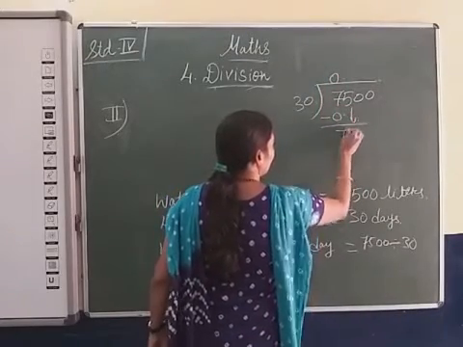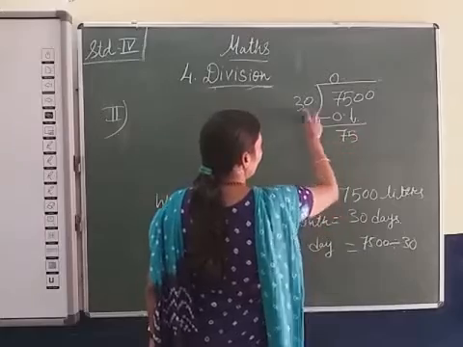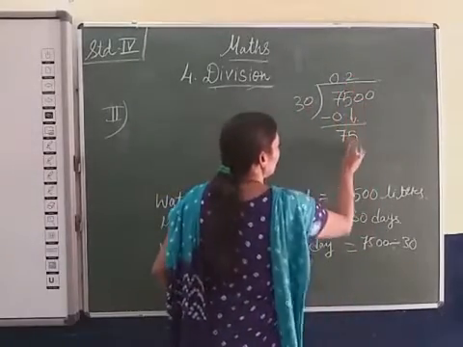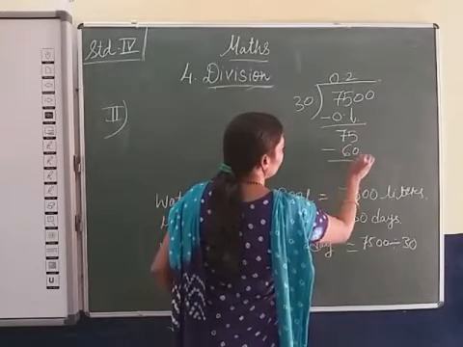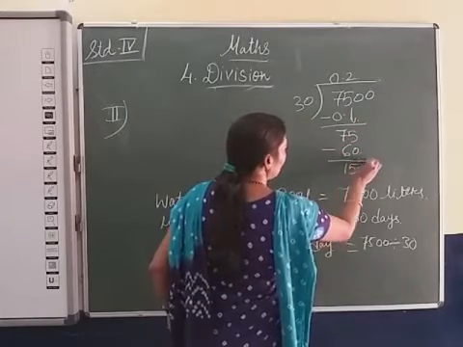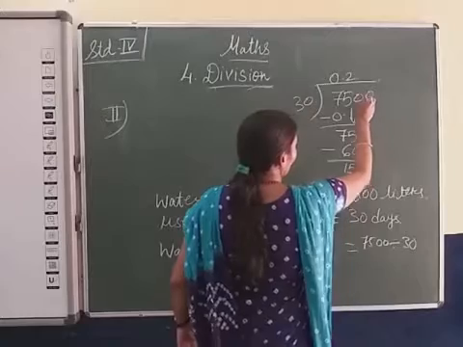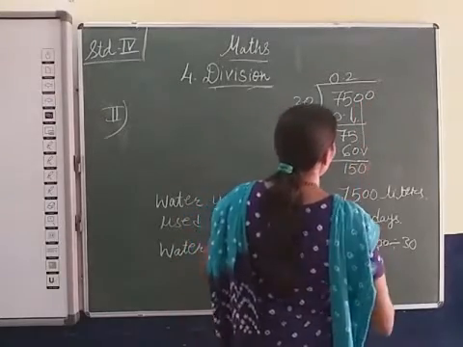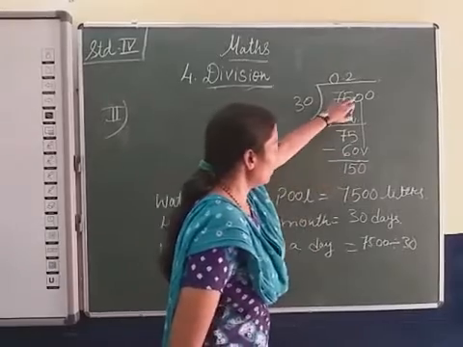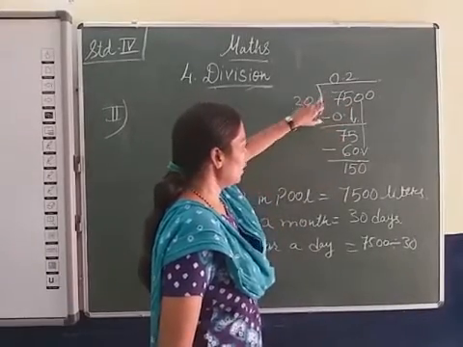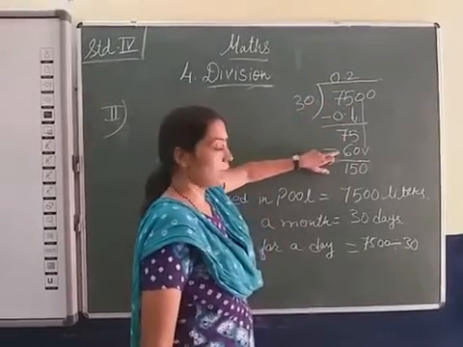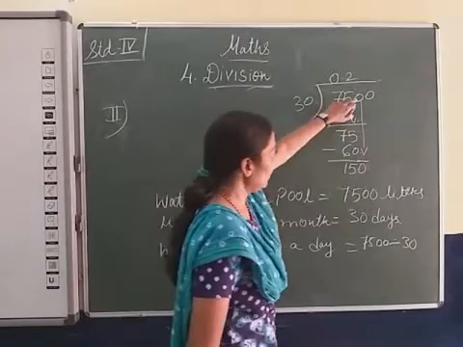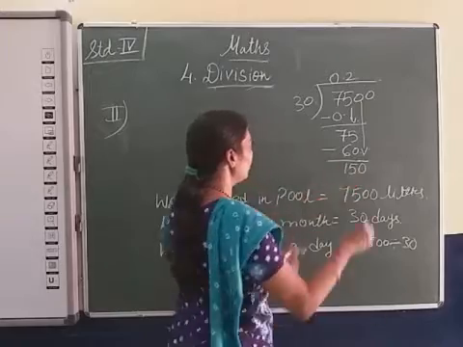We get 5 this side, 75, and 30 2s are 60. 15 is here. We take 5, then 30 2s are 60, 75 minus 60, 15 left, we take 0, 150.